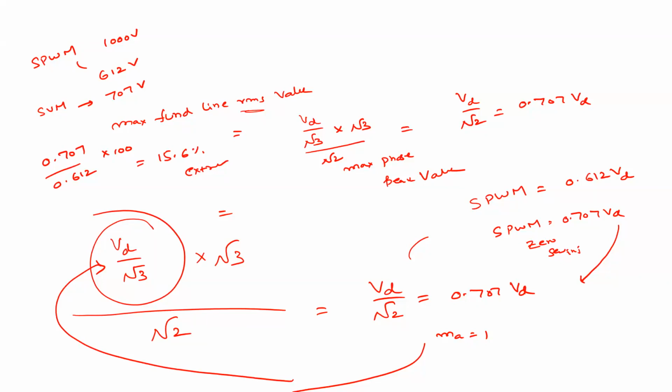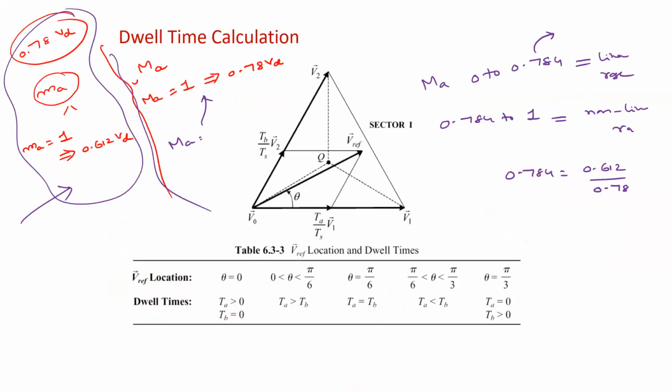Once you have calculated how much time you need to turn on to obtain a particular voltage reference in the given sample time, we need to turn on, out of the TS period, which is the sample time, voltage vector V1 for TA period of time, voltage vector V2 for TB period of time, and the zero vector V0 for T0 period of time, so that we can get a voltage reference of the given magnitude.